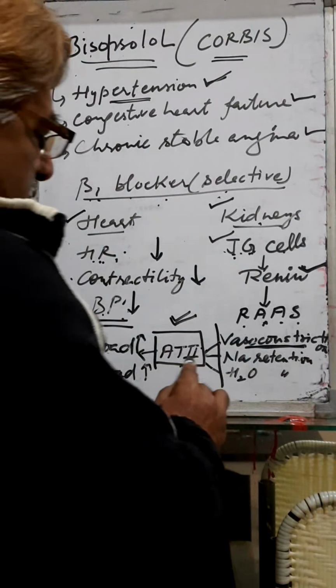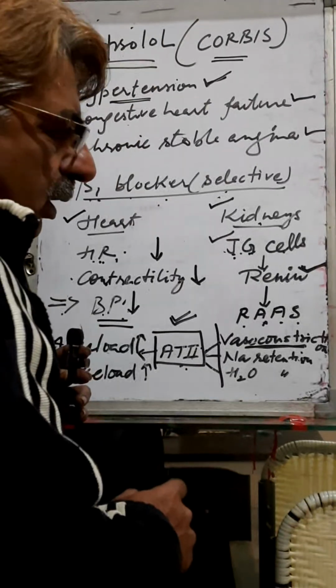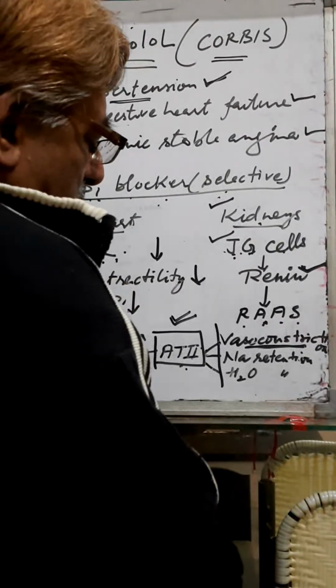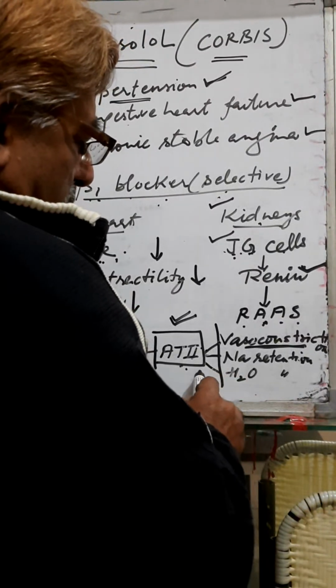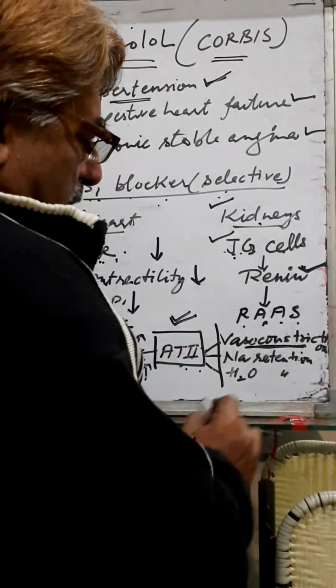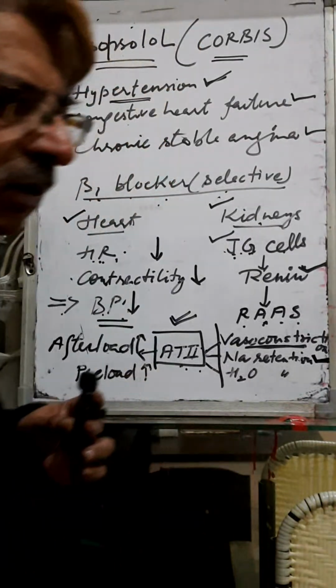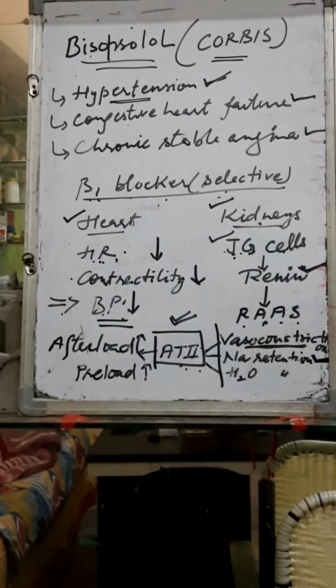Number two, this angiotensin 2 causes the secretion of aldosterone, and also ADH from the pituitary. Aldosterone causes the retention of sodium in the body by reabsorption, and ADH causes the retention of water in the body by water reabsorption.